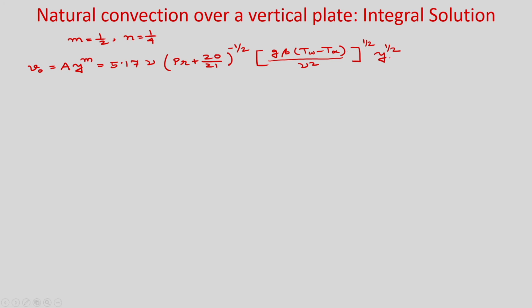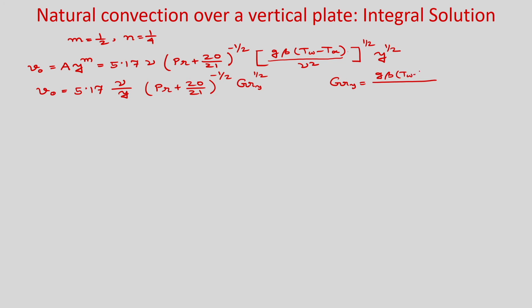After rearrangement you will get V naught is equal to 5.17 nu by y, Prandtl number plus 20 by 21 to the power minus half, Grashof number to the power half, where the Grashof number has the expression g beta (T w minus T infinity) y cube by nu square.